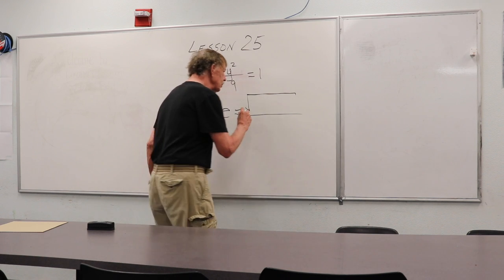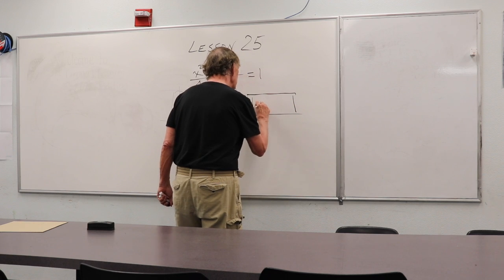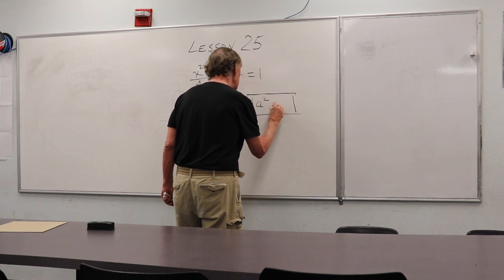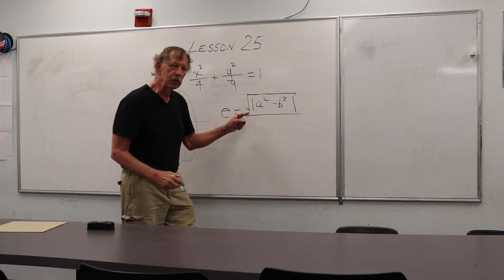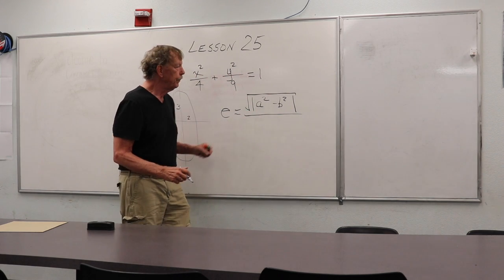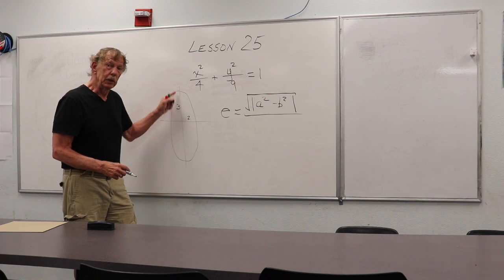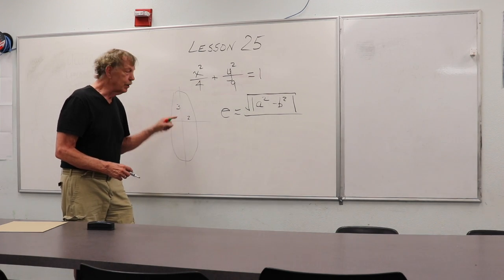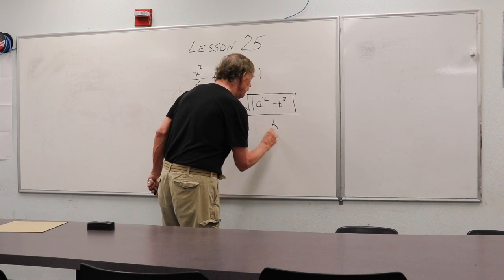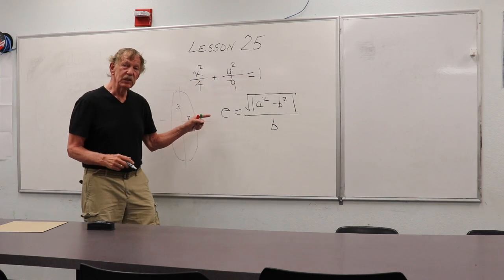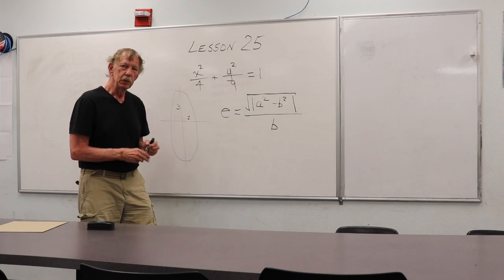So we're going to take the square root of the absolute value of A squared minus B squared. But our major axis is vertical, and so this piece has to go here. That's the ellipticity of a vertical stretch.